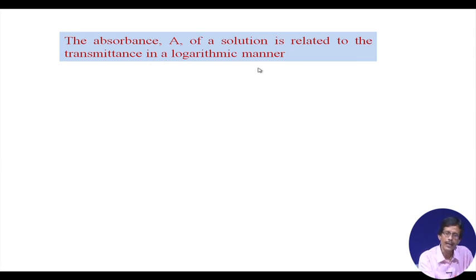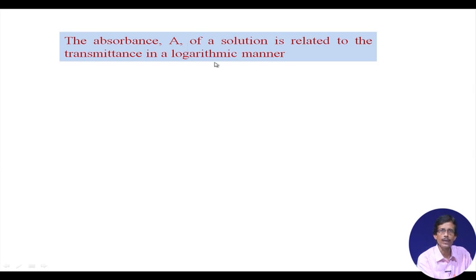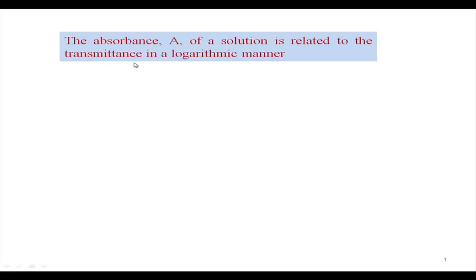The pH scale is also a logarithmic scale, and we can use a logarithmic scale for the measurement of A, where this A is directly related to the transmittance of that solution. That means some amount of light is falling on the colored solution and a portion of that light will be absorbed.